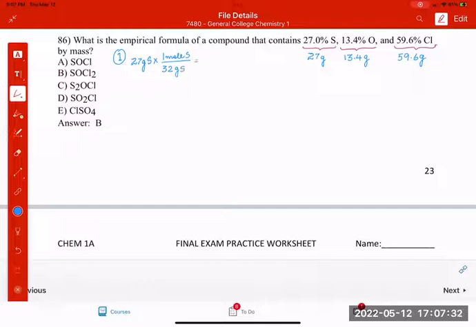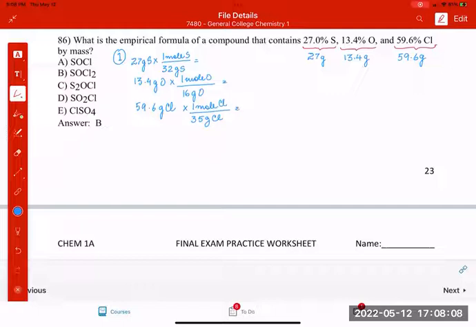Then you have 13.4 grams of oxygen times 1 mole of oxygen over 16 grams. Some students put 32, but it's 16 grams of oxygen. And the other one is 59.6 grams of chlorine times 1 mole of chlorine over 35 grams of chlorine. So you're going to get the moles.